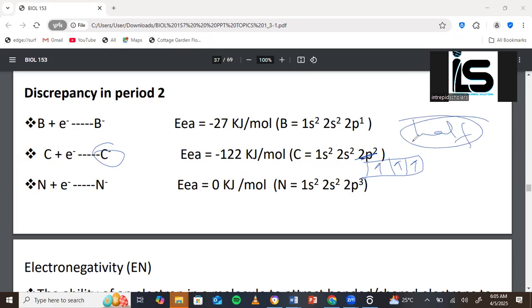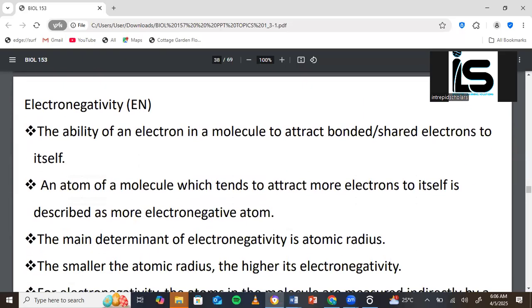And I've told you that half filled is more stable. So because it will assume a half filled state, it gives a higher energy. Now for nitrogen, you do not get any energy because nitrogen already has a half filled state. So if you're adding an electron, you are disrupting the stability. That is why you didn't get any high negative number. So that is the explanation for these discrepancies that we have seen.